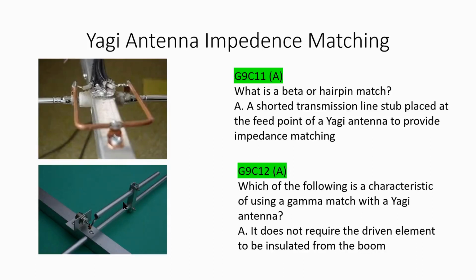You've got signal coming through both sides, and it works. And being able to fasten the driven element to the boom eases the construction process, because you don't have to insulate it and create a separate thing, because the center of the reflector and the center of each driven element can be bonded to the boom. No problem.